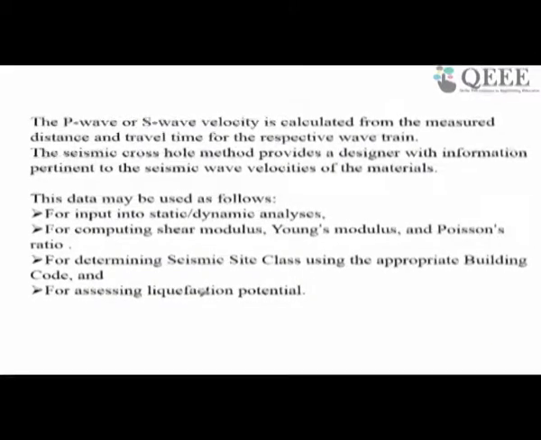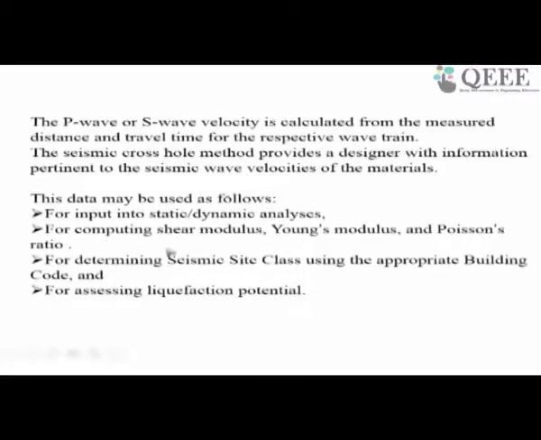The data from this particular cross-hole test may be useful for various applications, like input for static and dynamic analysis, and the calculation of shear modulus, Young's modulus, and Poisson's ratio. The velocity can be used to find these.